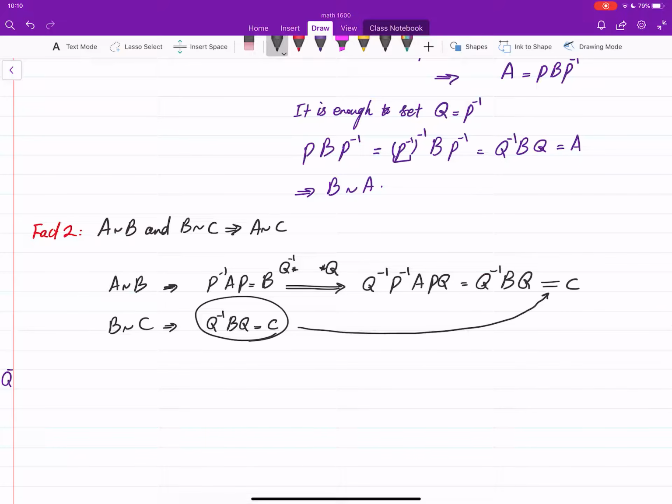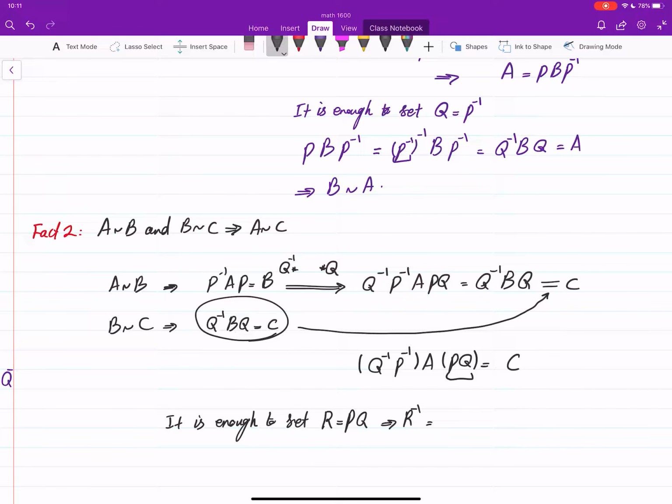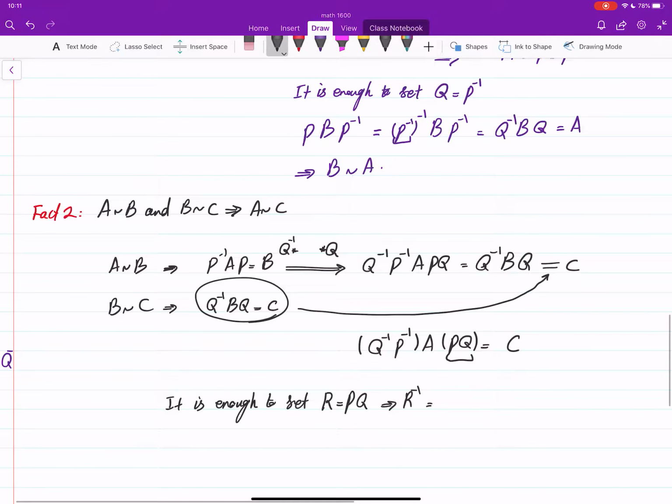What we have here is that now we have Q inverse P inverse times A times PQ is equal to C. Well, it is enough to set PQ to be my new matrix, I'll call it R. And then R inverse, it is invertible because product of invertible matrices is an invertible matrix, and this is Q inverse P inverse.